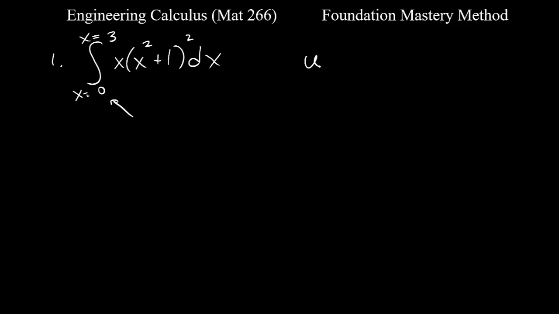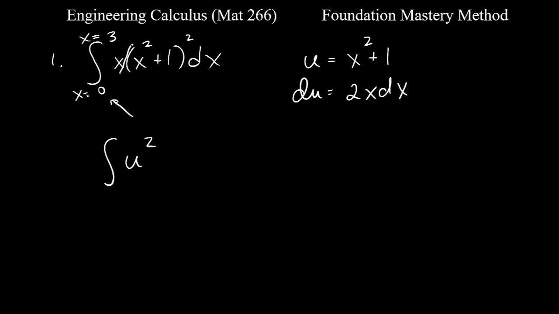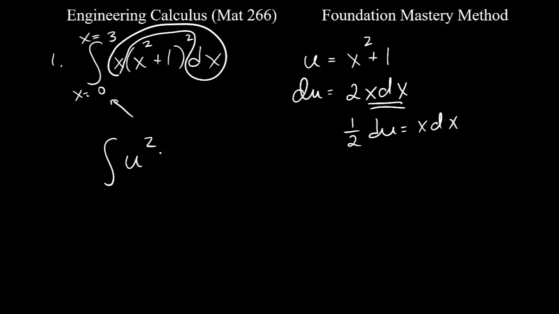If we do our u substitution and we have u equals x squared plus 1, then du will equal 2x dx. So for our substitution here, we will have the integral of u squared, and what we have left here is the x dx, which is identically equal to 1/2 du. So we replace the x dx with 1/2 du.